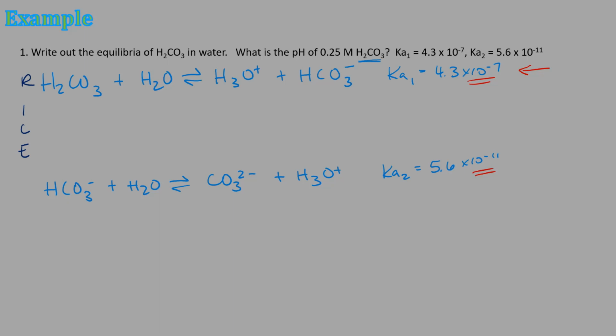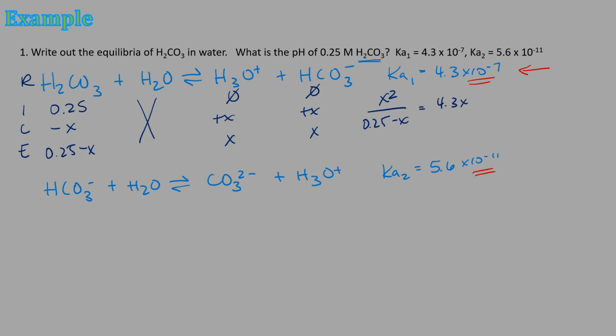I'm going to have 0.25 of this. Water doesn't matter. 0 and 0. This is going to increase on this side, and the carbonic acid will decrease. So I'm going to end up with x squared divided by 0.25 minus x is equal to 4.3 times 10 to the negative 7th.